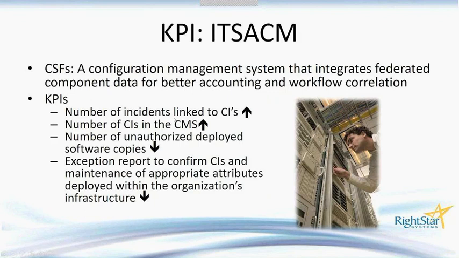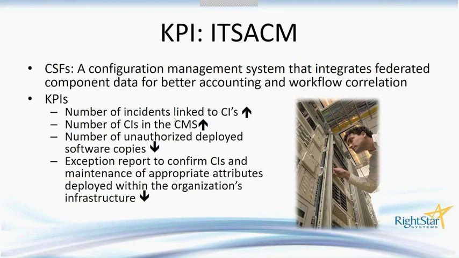When we're looking at the check part of the Deming Cycle, the review, it's important that we identify KPIs, or key performance indicators. Key performance indicators for IT service asset and configuration management include a number of different areas. So we want to increase the number of CIs that we're tracking.